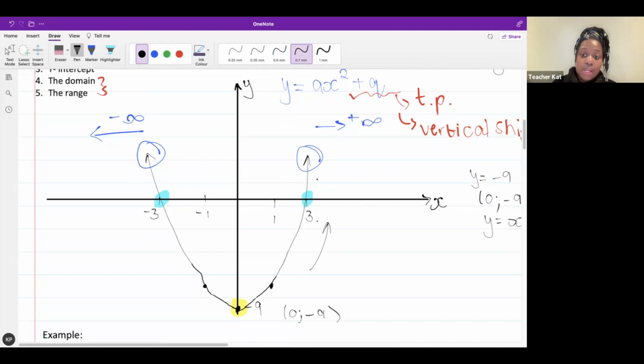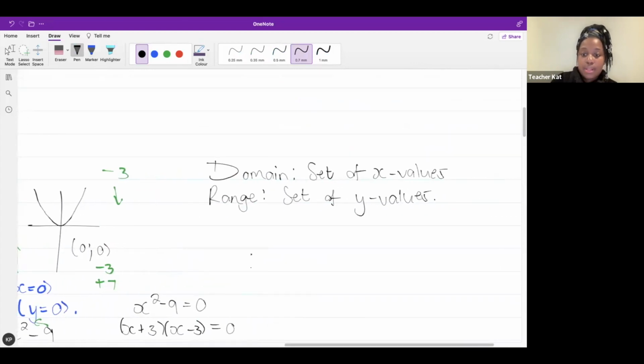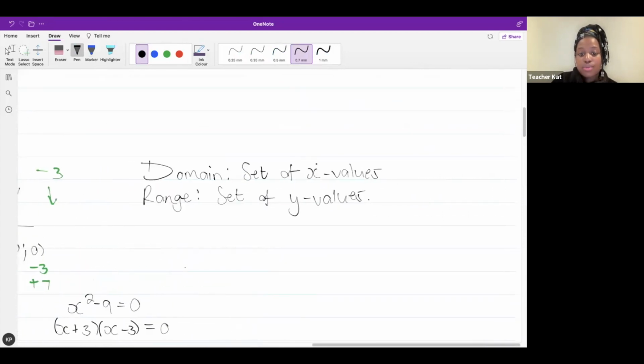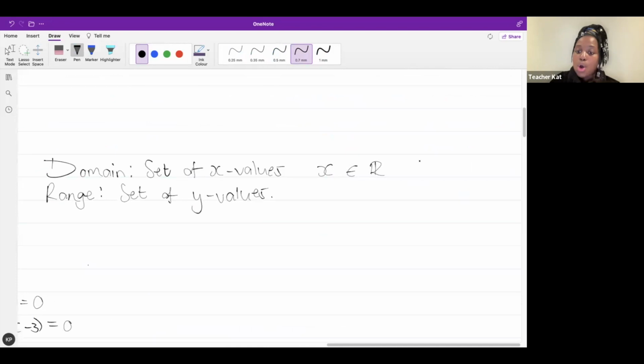So what will be the domain for this graph? Where does this graph start and end? You can either say for domain, x is an element of the real numbers, so it's all real numbers, or you can write it as so. x starts from negative infinity to positive infinity.